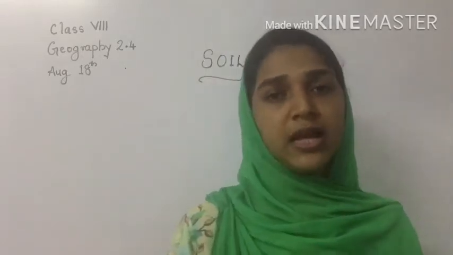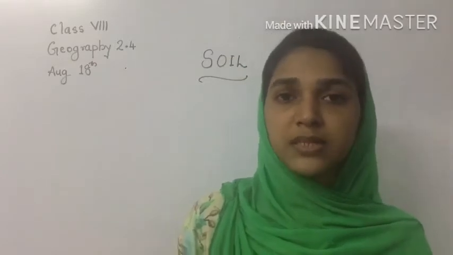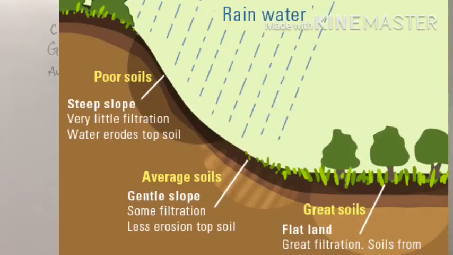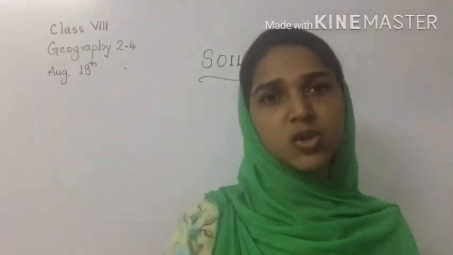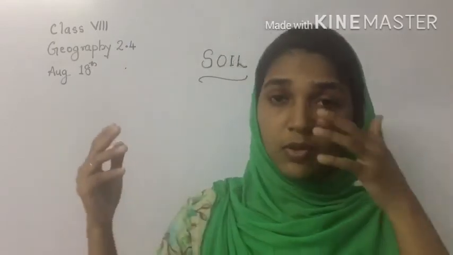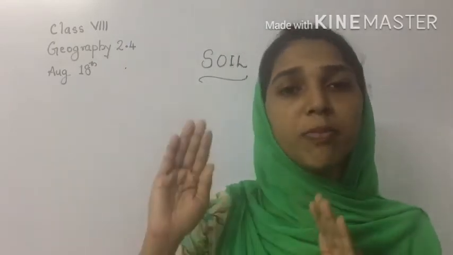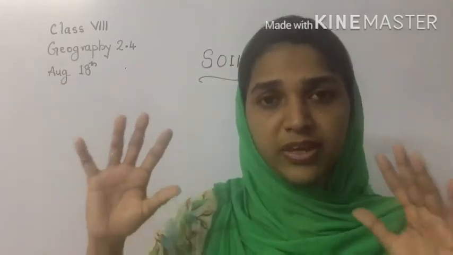And next one is relief. What is relief? The altitude and slope determine the accumulation of soil. In the hillside areas or in the mountain areas, the soil will not be that fertile because it will always be washed off due to floods, water or wind, etc. So the soil will not be permanent at a specific area.